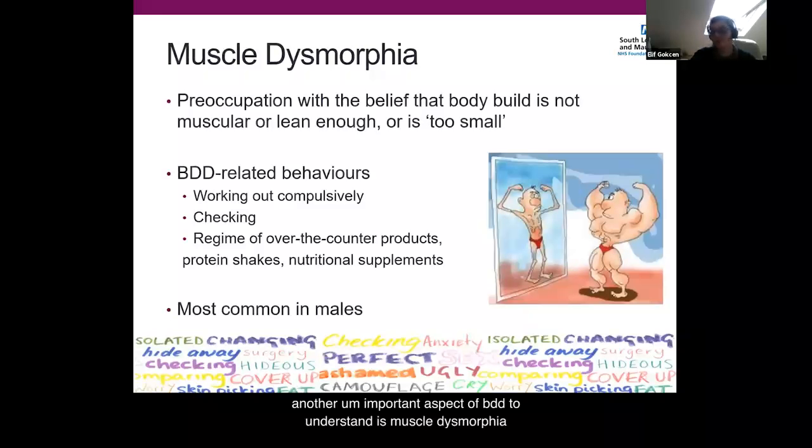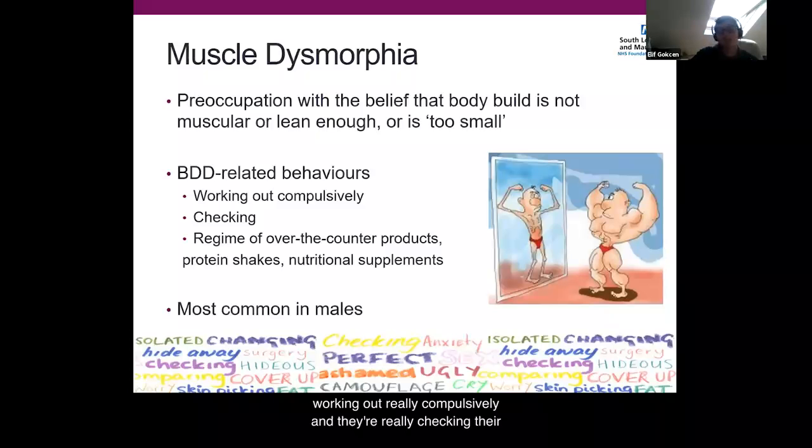Another important aspect of BDD to understand is muscle dysmorphia. And this is basically a type of BDD where there's a strong worry and preoccupation about the belief that someone's body might not be muscular enough or lean enough, or that it's too small. And in response to these worries and the distress that this can cause, young people might find that they're working out really compulsively.